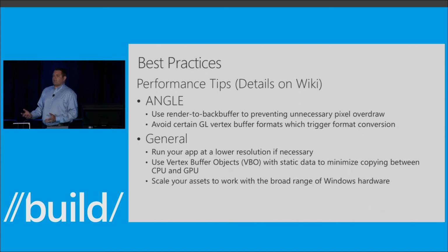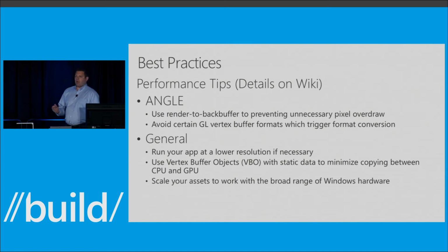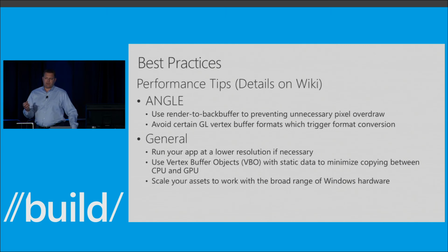All right, so Angle delivers. There's a little bit of knowledge that needs to be in place before you can really start to maximize your production using Angle. There's a couple of things that can help your performance specific to Angle. The first one being, we've implemented this feature called render to back buffer.